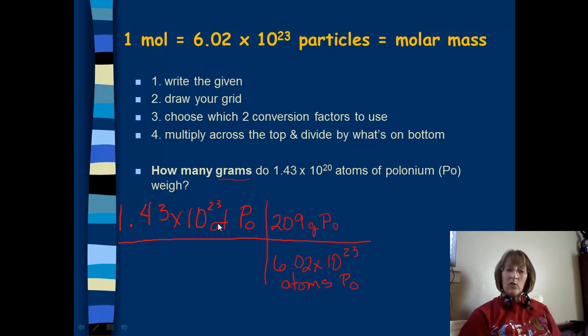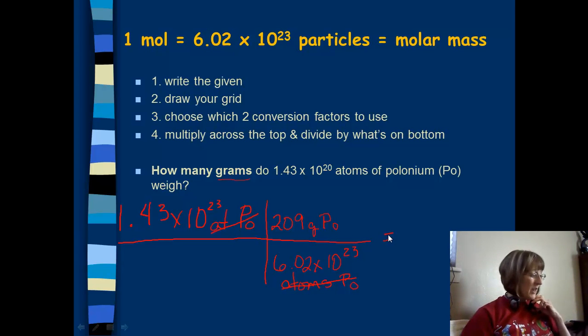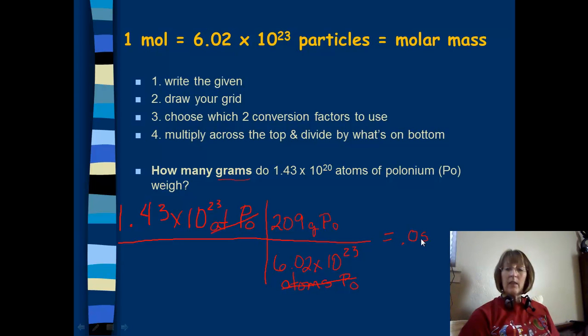Now look and see what cancels out. Atoms of polonium on top, atoms of polonium on bottom, they both cancel. So my only unit of measurement left is grams of polonium. Multiply across the top, divide by what's on the bottom, and we find that if you have 1.43 times 10 to the 23rd atoms of polonium, it will weigh, let's see, 0.05 grams.